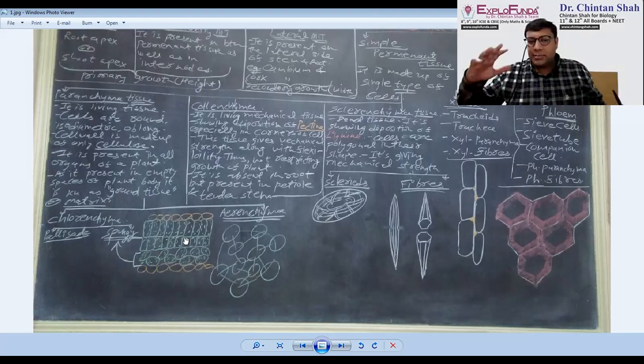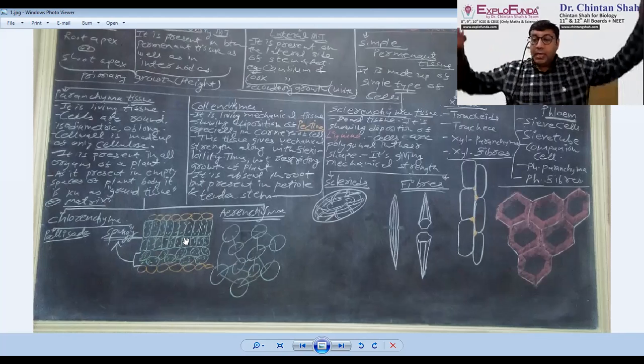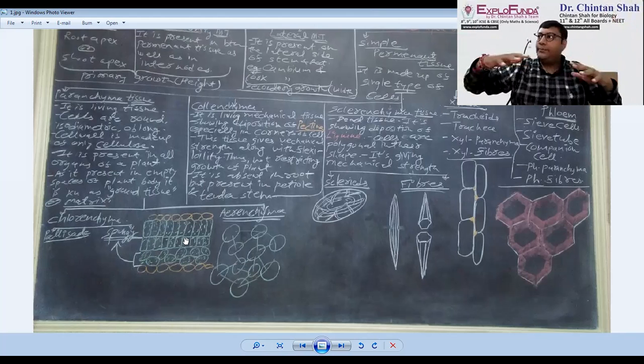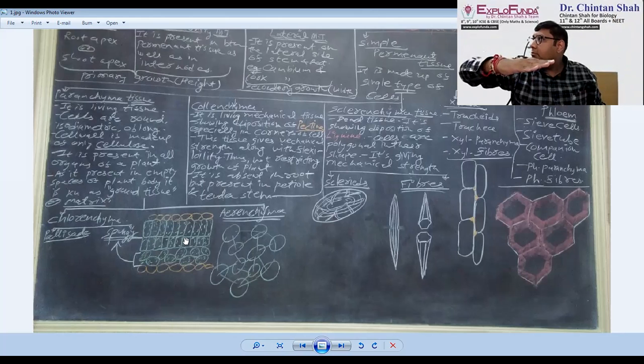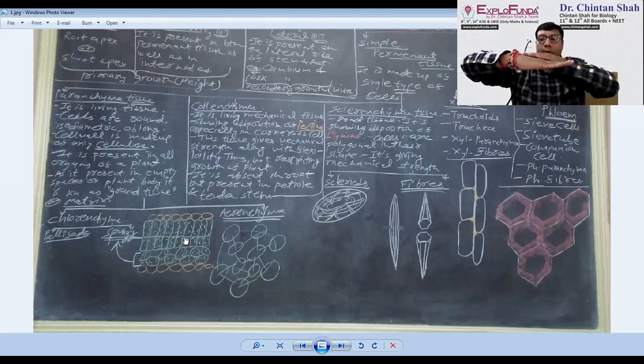I'm showing you a very good practical approach for this. If you look at most plant leaves, the upper side will be dark green in color and the lower side will be light green in color. Have you seen that? Whenever you look at a leaf, please look at that. The upper epidermis side has a dark green color and the lower side has a light green color.